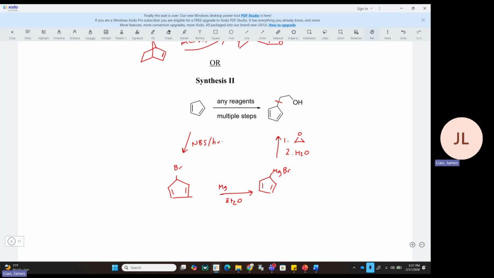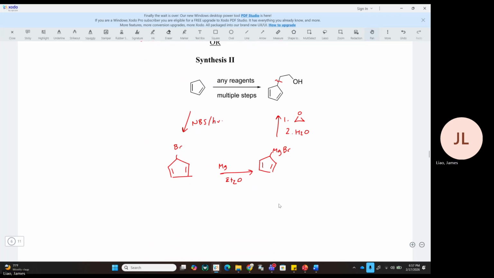I probably should write this more experimentally: magnesium and THF, because you guys dealt with THF before. Tetrahydrofuran is an alternative solvent to Et2O.